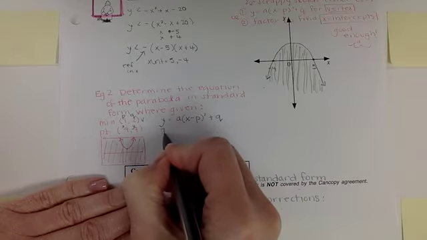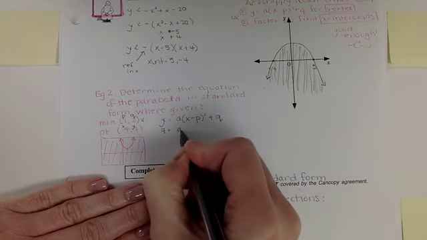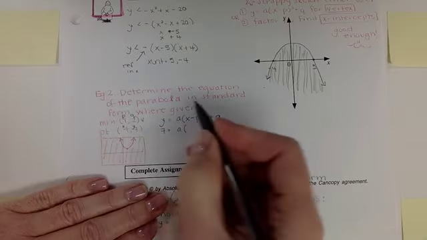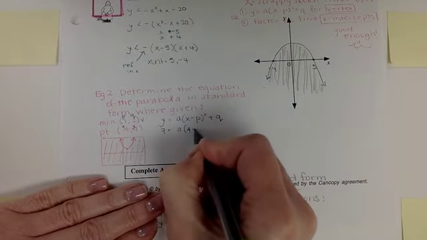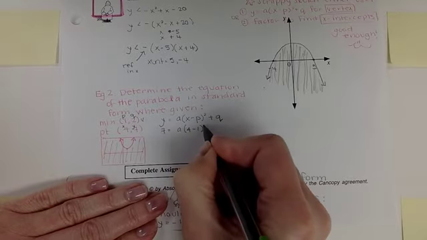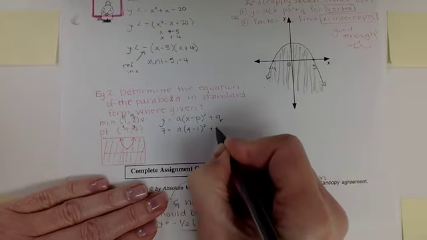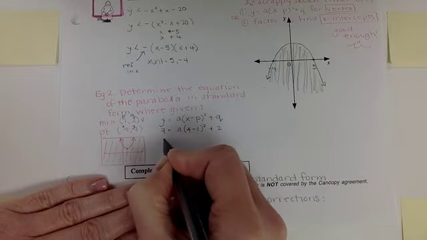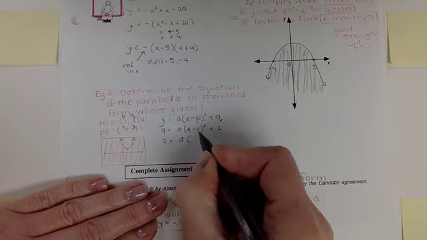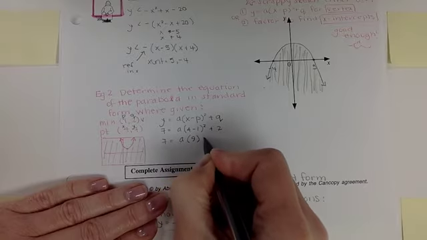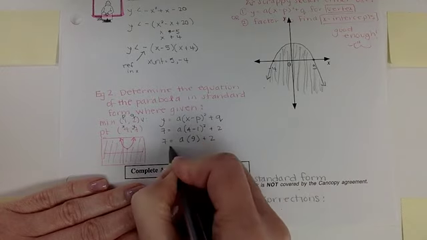So in goes everything. 7 equals a bracket, x is 4 minus 1, bracket squared plus 2. Finish off. So 7 equals a, this will be 3 squared, which will be 9, plus 2. Take away 2, take away 2.